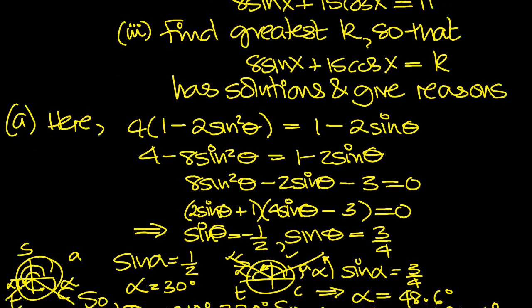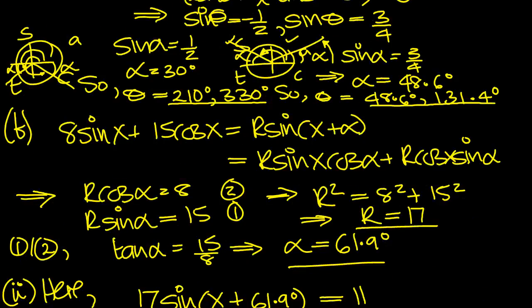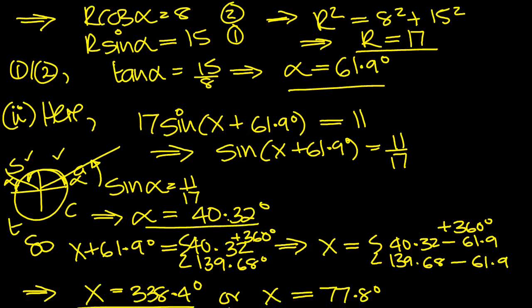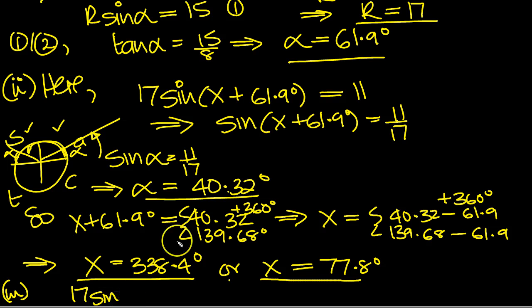So, part 3: find the greatest k such that 8 sine x plus 15 cos x equals k. Here it's 17 sine (x plus alpha), and this equals k.